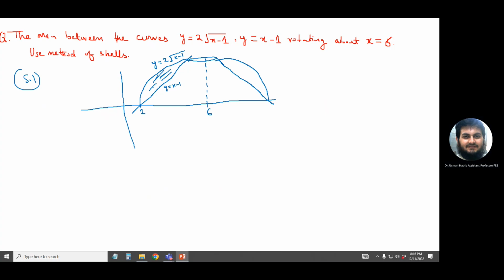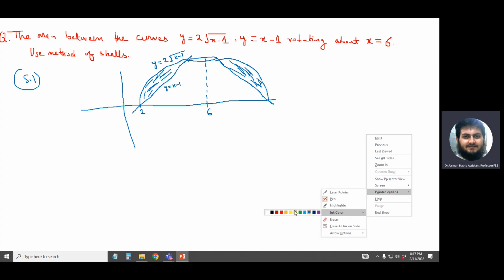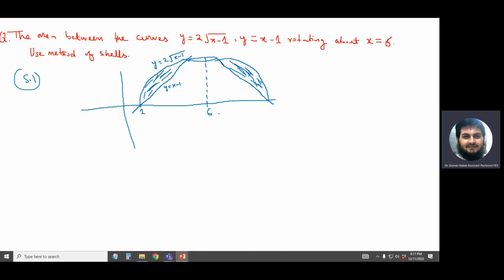We have our solid object here, which has been rotated about the line x equals 6, and we get this solid object. Definitely, we can use the washer method as well, but the question specifies to use the method of shells, so we're going to go for that. Let's change the color of the ink so you can understand. We'll start placing the shells. Let's place one shell here.